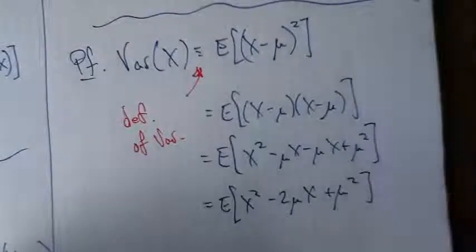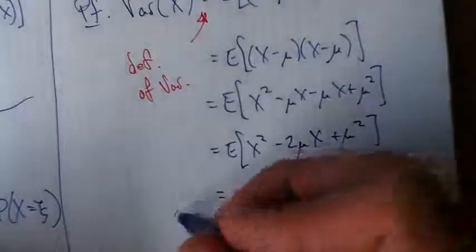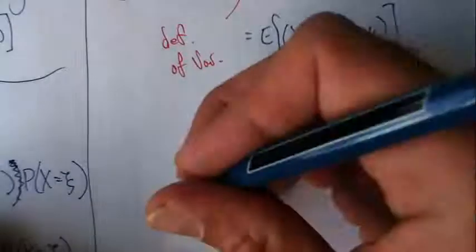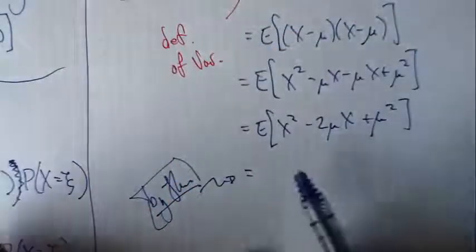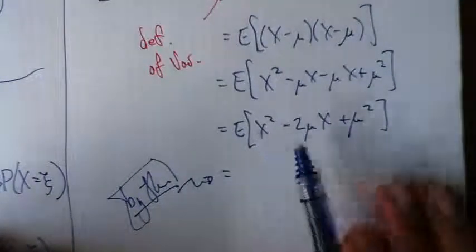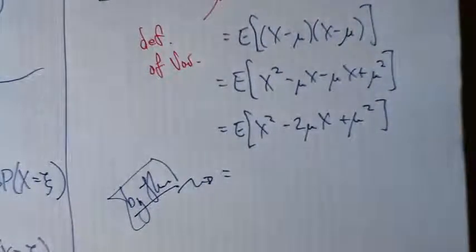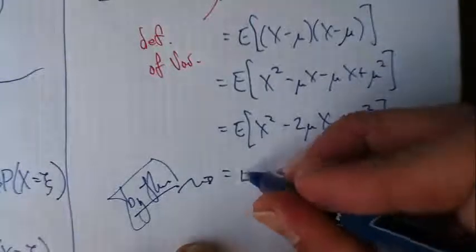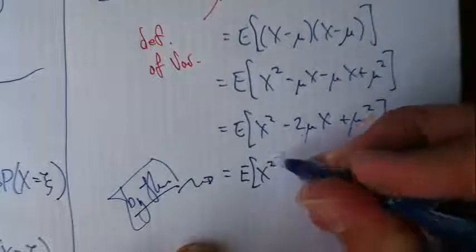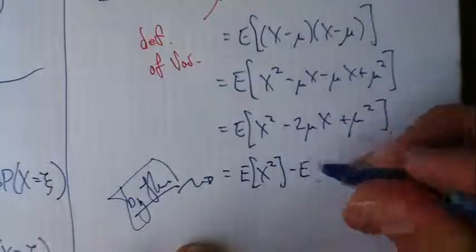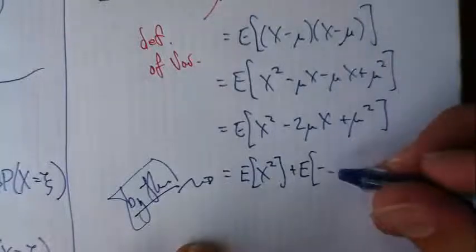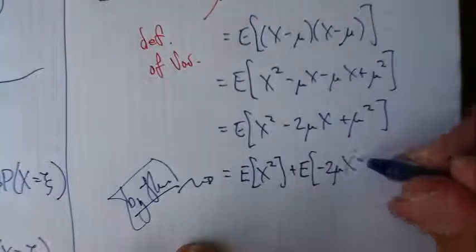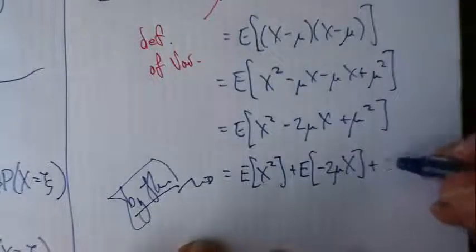Now, I'm going to apply a theorem. By this theorem, the expected value of the sum of a bunch of stuff is the sum of the expected values, right? So this is just the expected value of x squared, plus the expected value of negative 2 mu x, and then plus the expected value of mu squared.